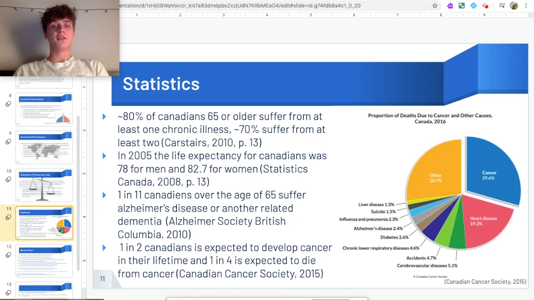And finally, 1 in 2 Canadians is expected to develop cancer in their lifetime, and 1 in 4 is expected to die from cancer. So these are obviously all statistics related to age-related illness and cancer in the case of the last one. And in fact, all of these are being investigated and researched for their relationship to telomeres and telomerase and how that might be used in order to avoid certain of these diseases, treat them, or cure them.